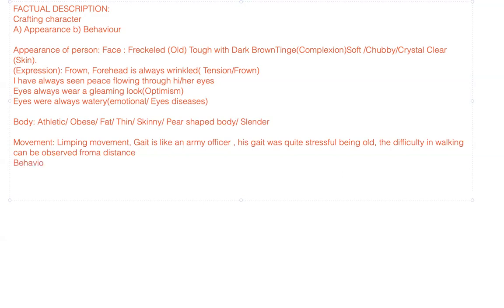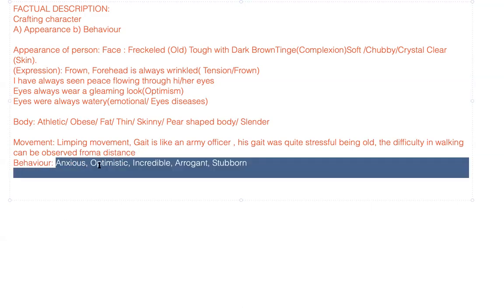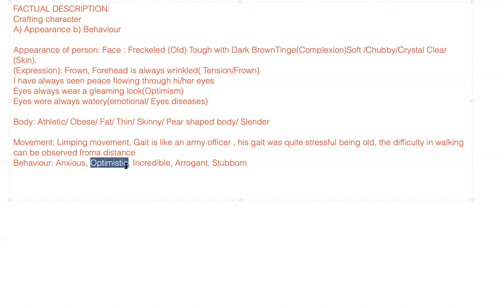And for behavior, we can of course use an anxious man, an optimistic person, an incredible man or woman, then an arrogant or a stubborn person. Anxious is the one who takes a lot of tension; optimistic is looking forward with all hope.